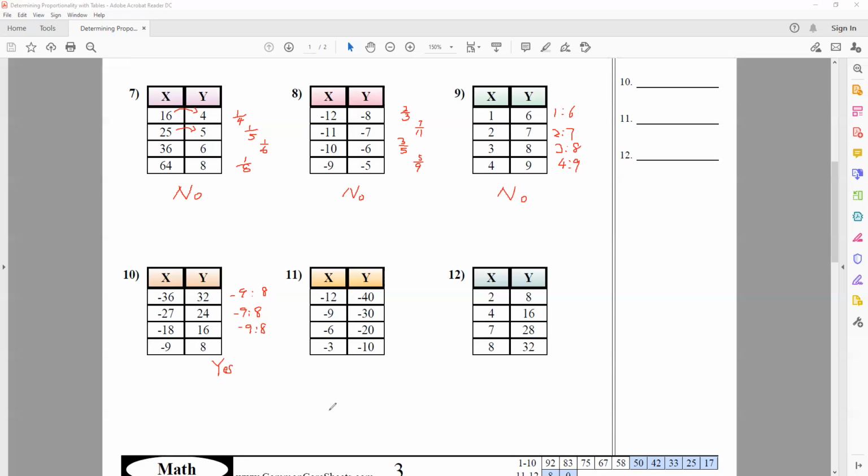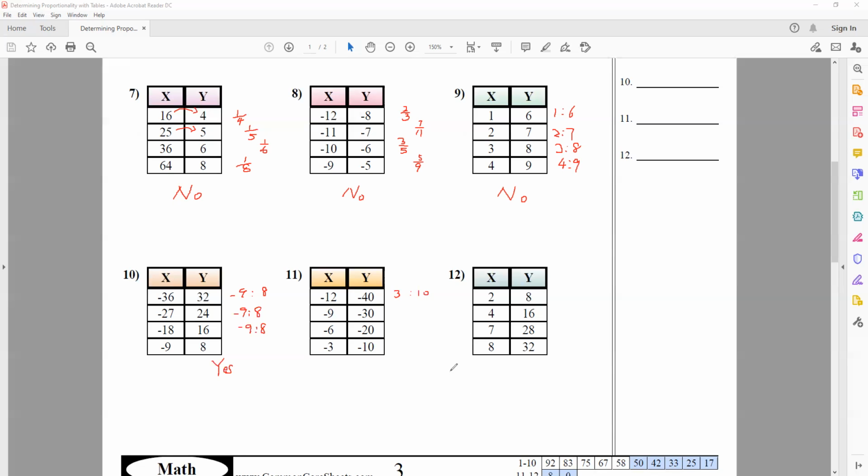Okay, let's try number 11. That one would be 3 to 10. Or 3 to negative 10? No, they're both negative, so it'll be 3 to 10. Yeah, 3 to 10.